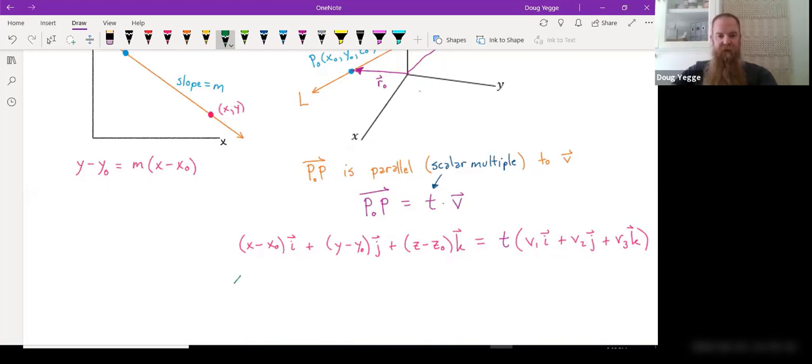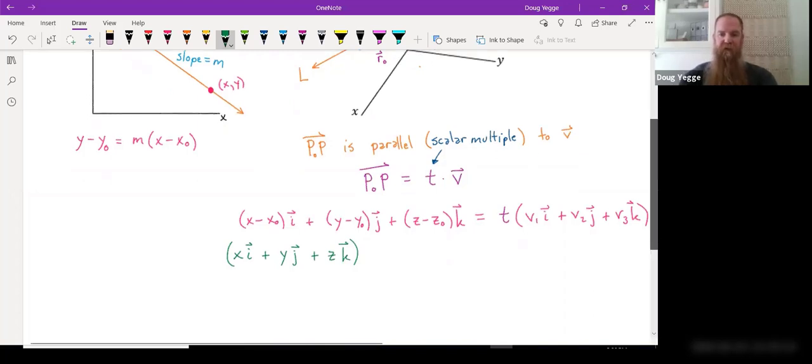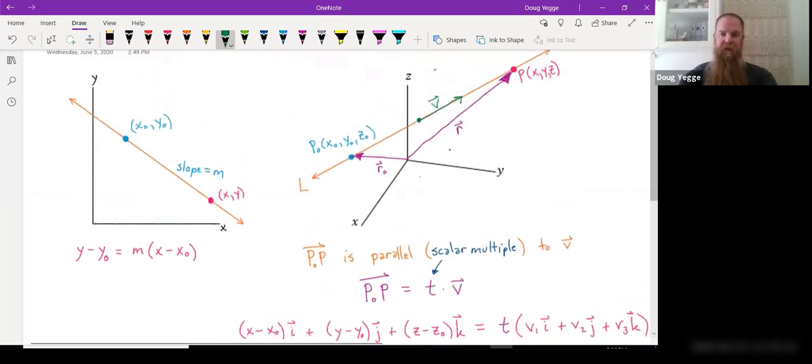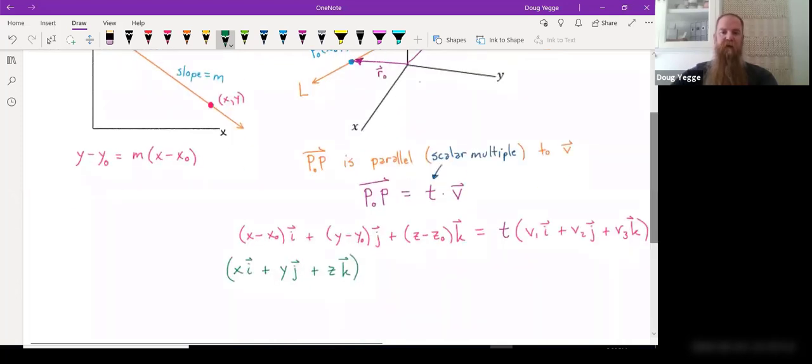And so when I have xi minus x0i, and then I have yj, and I have zk, why don't I combine those all together to create a particular vector? Let's look back to what that vector is. That's the vector that ends at xyz. That's called vector r. All right, so that vector that we just created is going to be considered vector r.